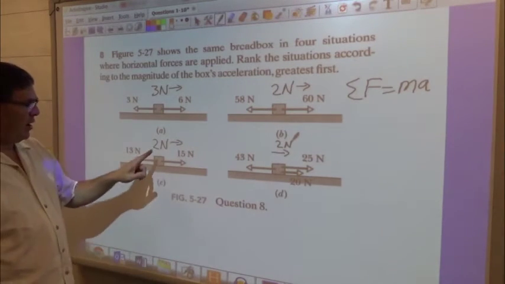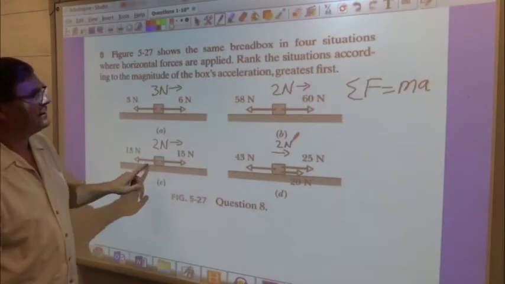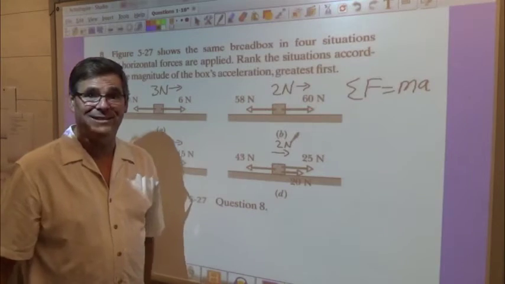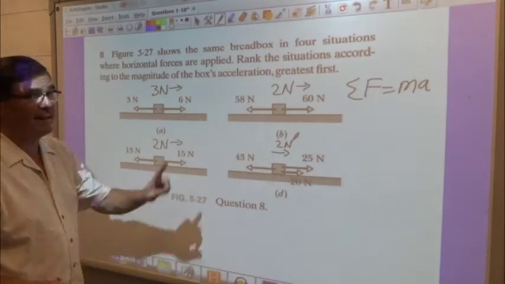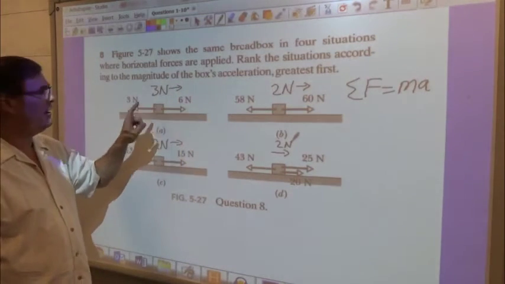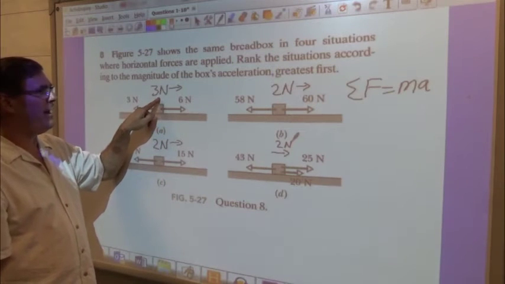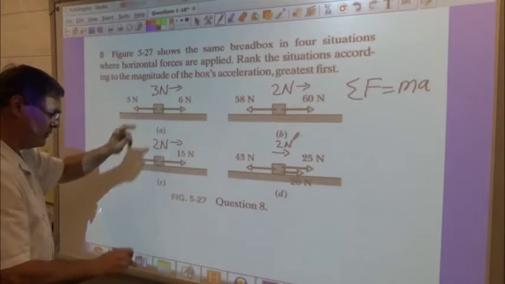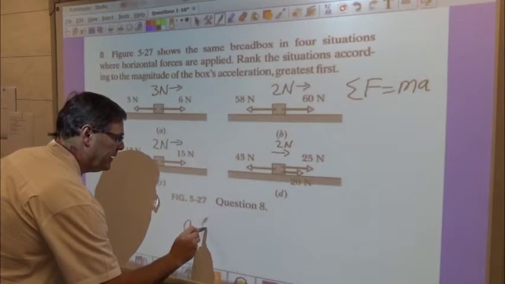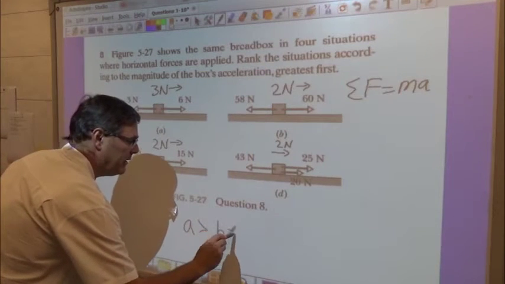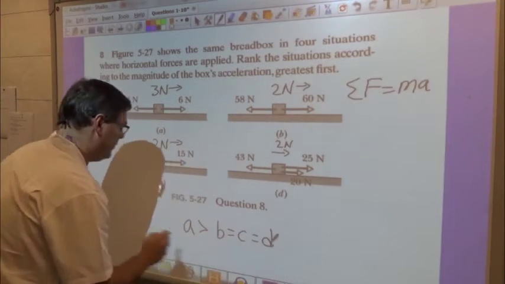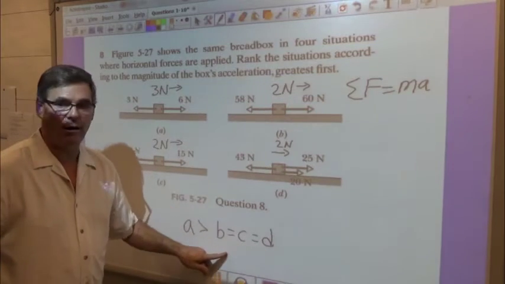So we see that situations B, C, and D will all have the same acceleration, which will be less than situation A, because in situation A we have more net force. So the answer is A is greater than B and C and D, which all 3 are equal.